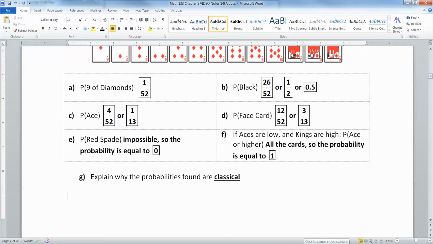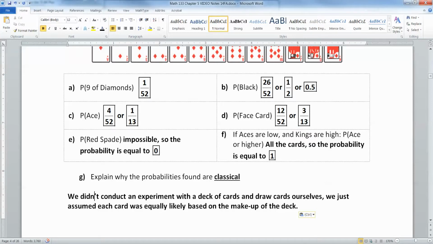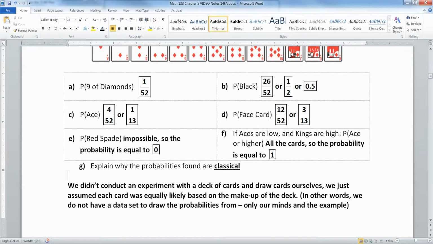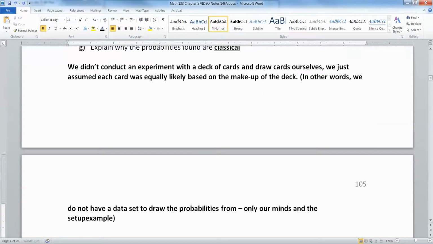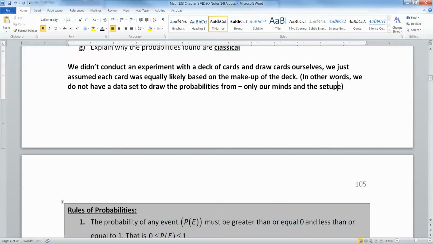It's not based on a data set. In other words, we do not have a data set to draw the probabilities from. We only have our minds and the setup of the example, and the problem setup.